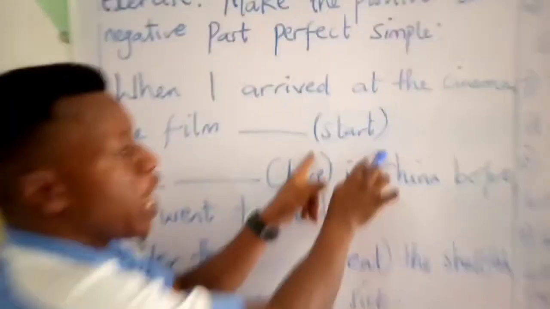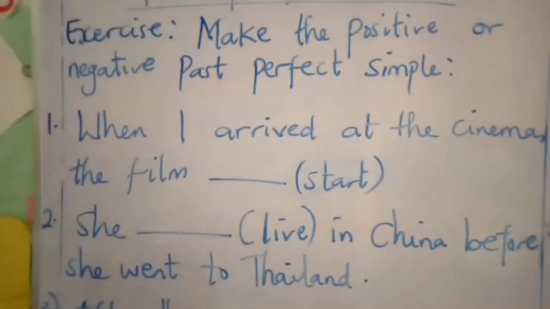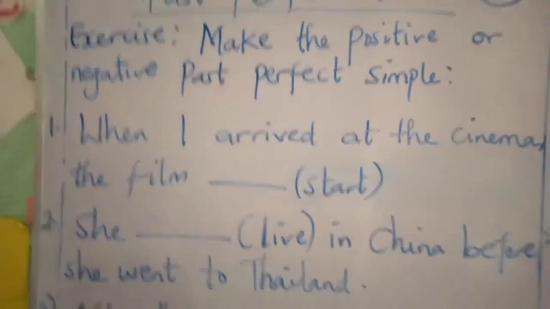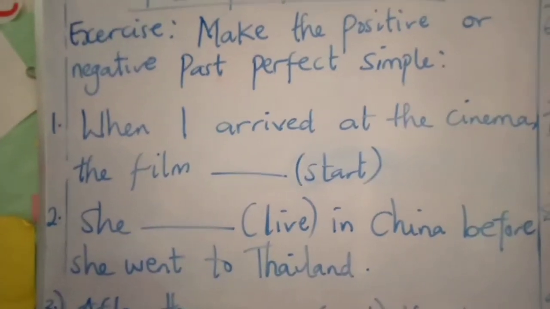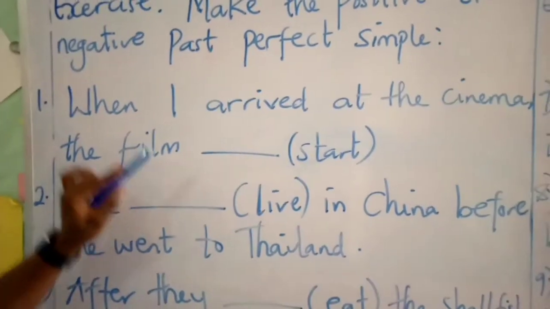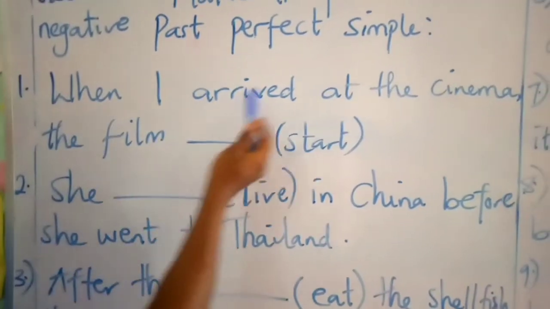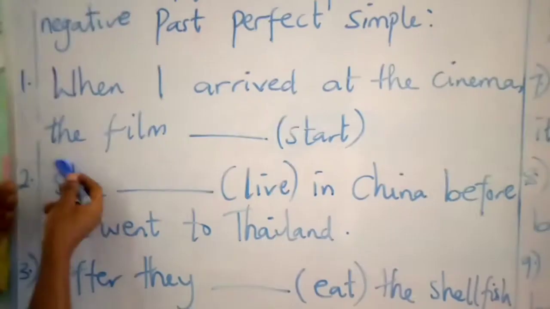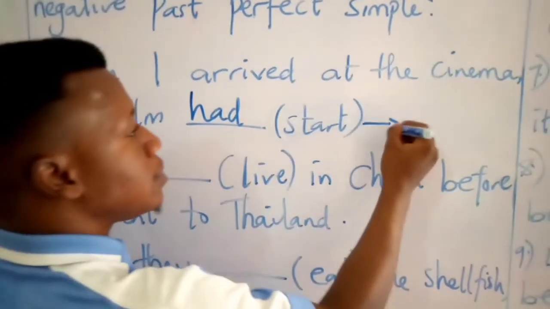Now we are going to change the word in parentheses to the past form. So the past tense for start is started. So now for us to get the past perfect of this number one sentence: when I arrived at the cinema, the film had started.